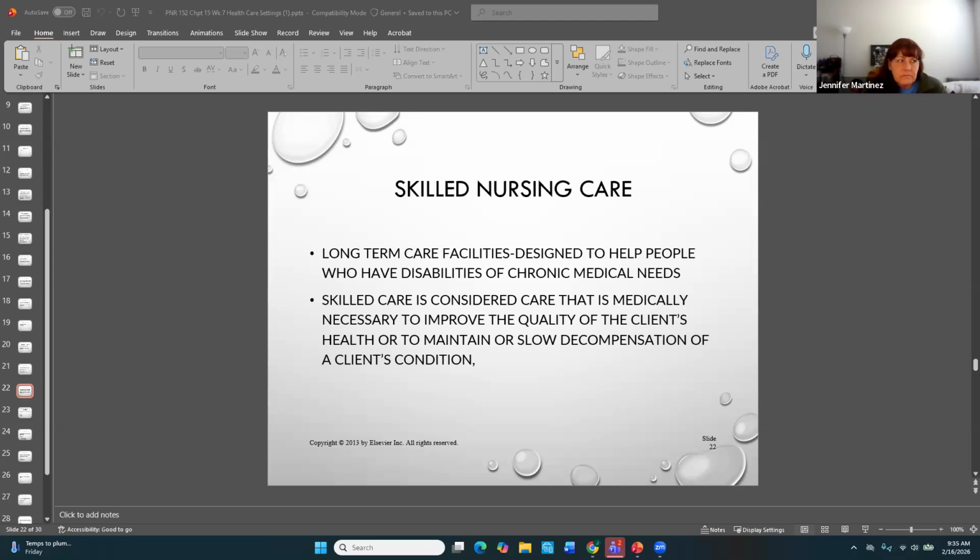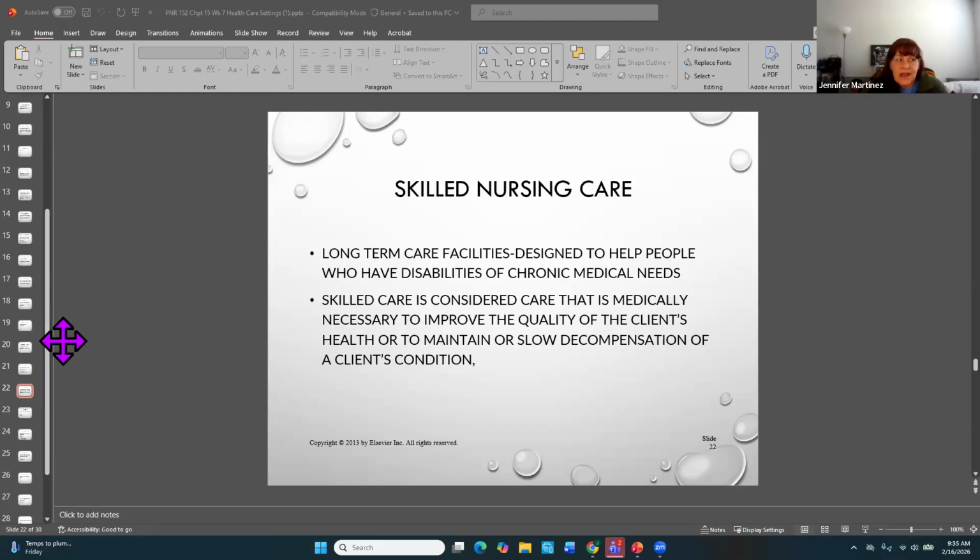Getting a diabetic stabilized would also be considered skilled care, physical therapy, occupational therapy, respiratory therapy, speech therapy. Nutrition therapy, like if somebody had a G tube or a PEG tube, would require skilled services.